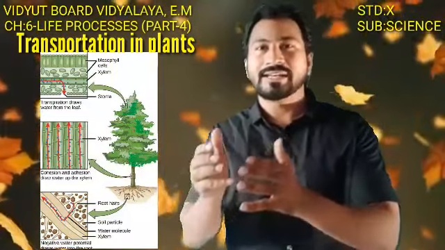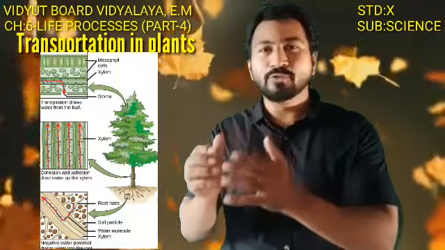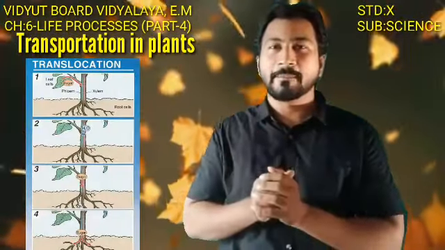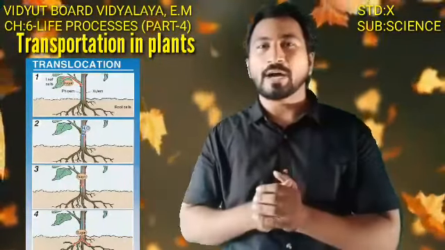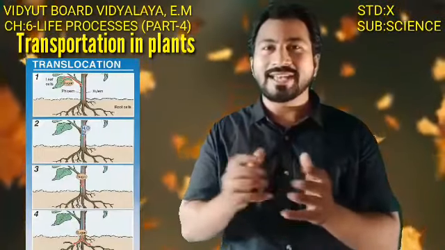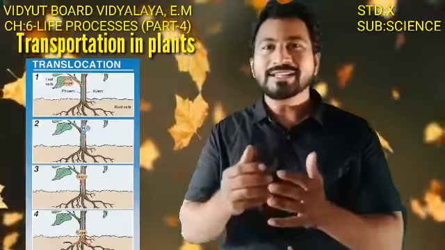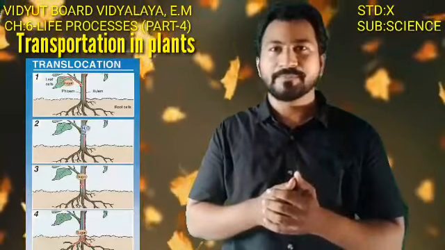Exactly in a similar way, in relation to the food substances, that is the food prepared by the plants at the time of photosynthesis, it is transported from the leaves to the downward regions, as well as towards the side regions, as the other leaves and the branches are also there. So it is transported by means of the phloem and its various components.